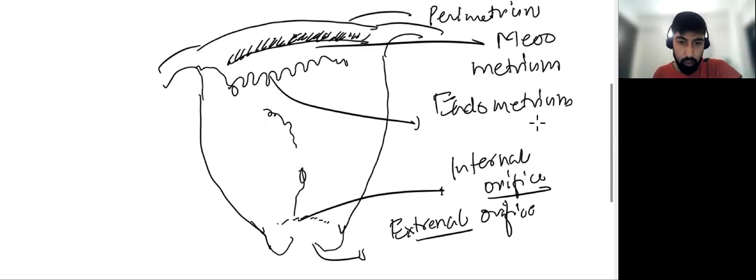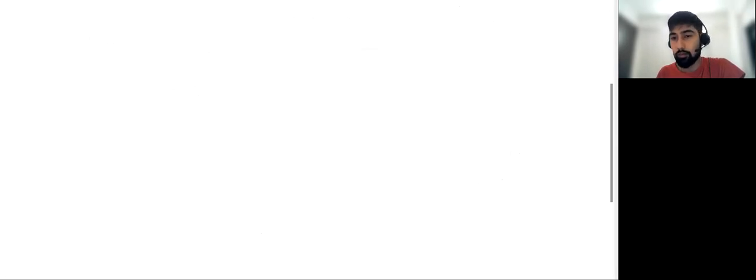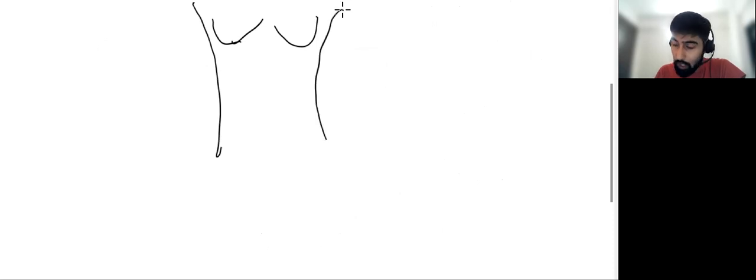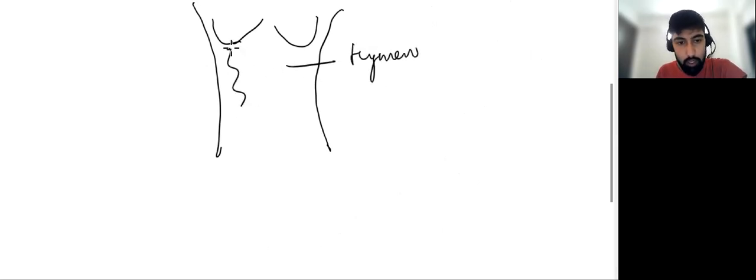Now, let's move on to the vaginal part. If we talk about the vagina, this is the cervix, right? This has a very thin membrane, and that is called the hymen.